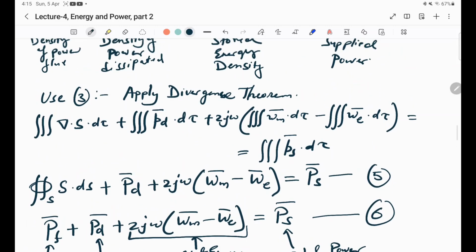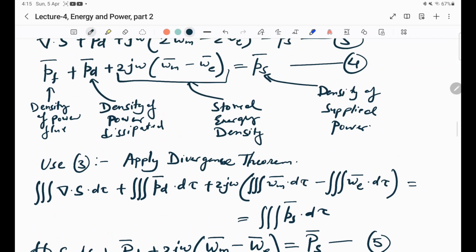So do you get the idea? If you see equation number 4, here we have density of power flux, density of power dissipated, stored energy density, density of supplied power. So the word density is common in equation number 4.